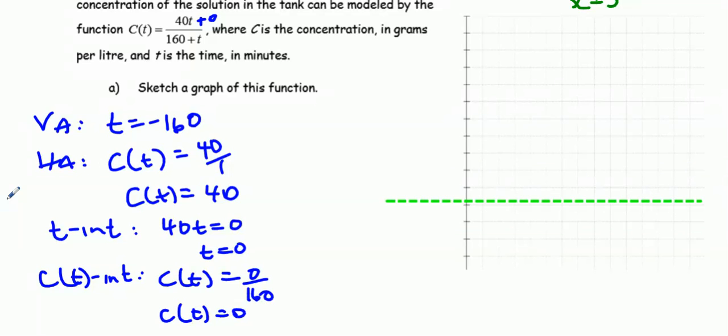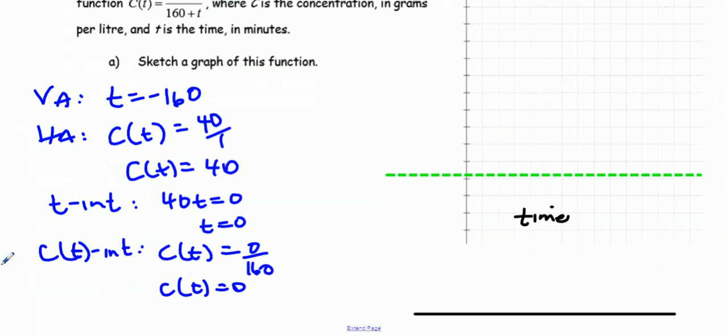Keep in mind this is a real life problem, and so we should be labeling the x and the y axes. So go back to your problem if you're not sure what your x and your y axes represent. In this case, t is your independent variable, and t was the time in minutes. Sorry, I'm just going to put an x-axis on here.